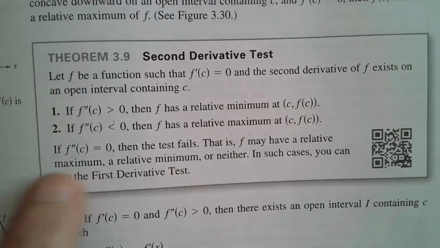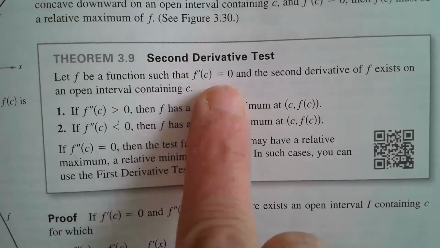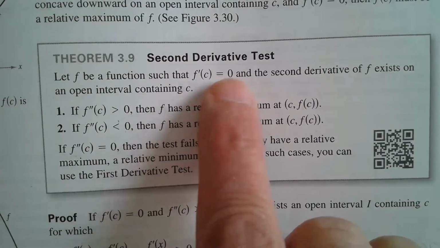To find the second derivative test, let f be a function such that the derivative f of c equals 0.